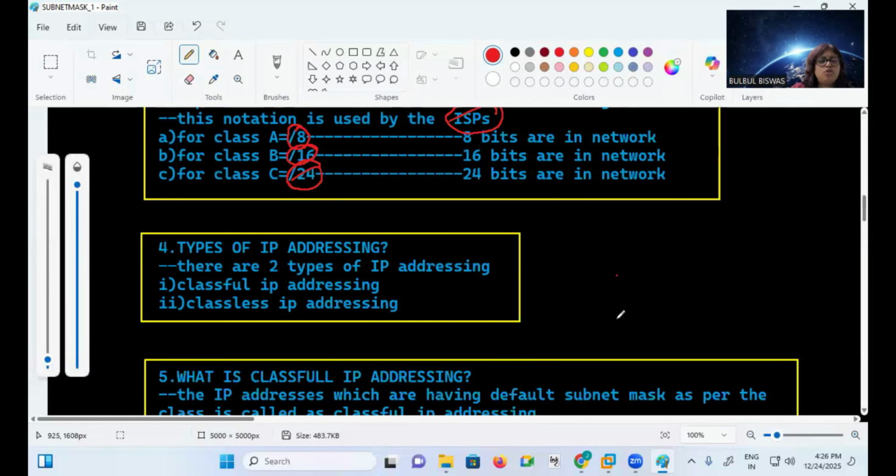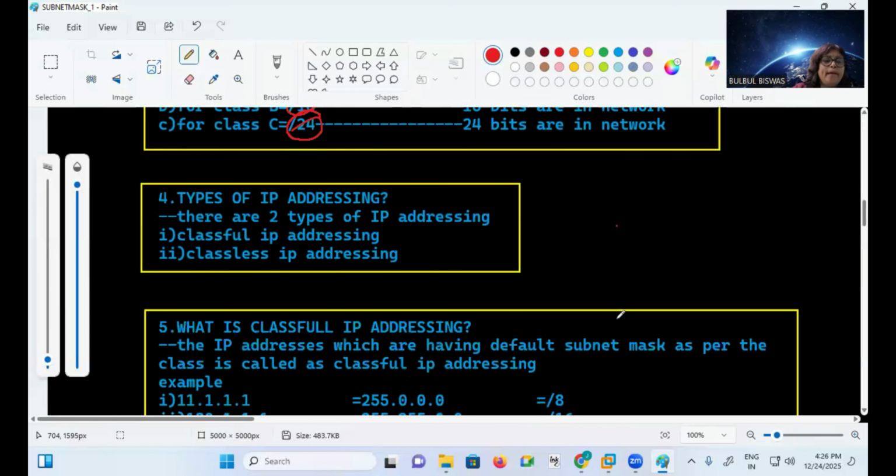Now, there's a question. What are the types of IP addressing? So remember, this is IP addressing. This is the technique of how I am assigning the IP address, how I am using the IP address in my subnet. This is two types. One is classful IP addressing. Another is classless IP addressing. So question, what is classful?